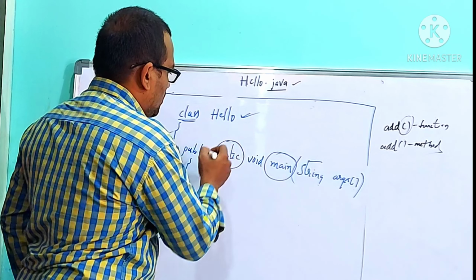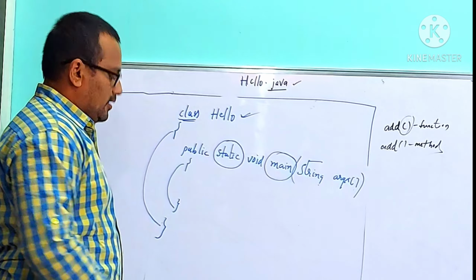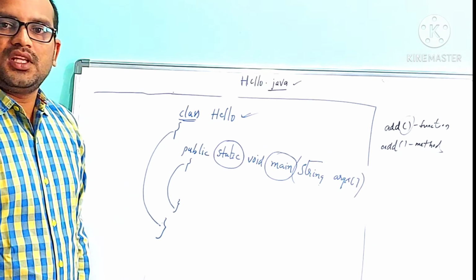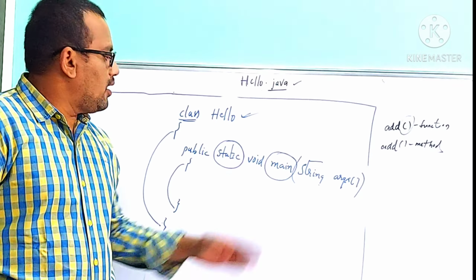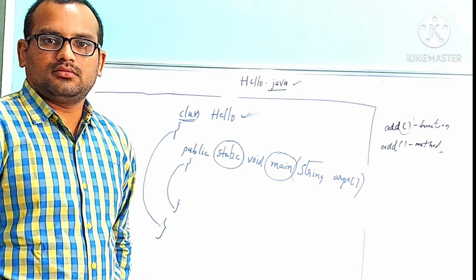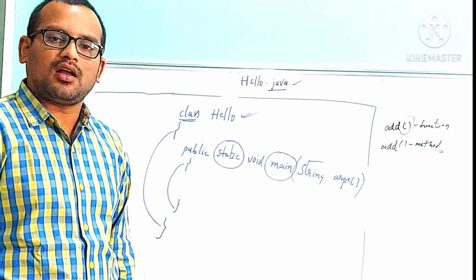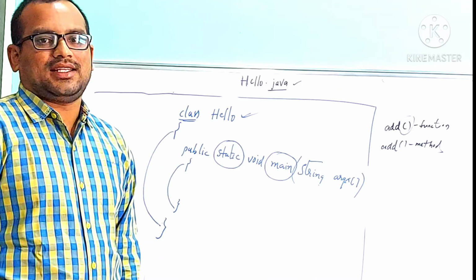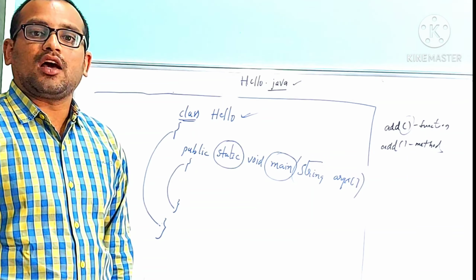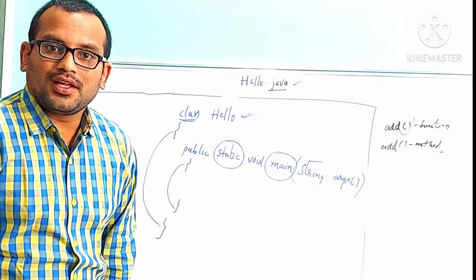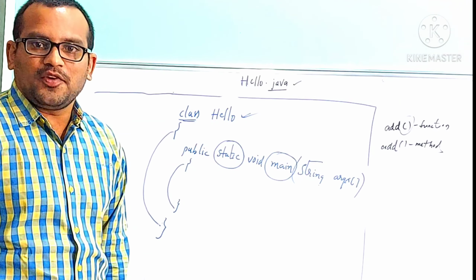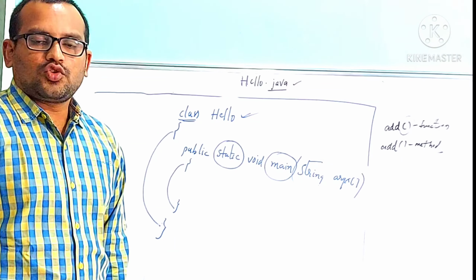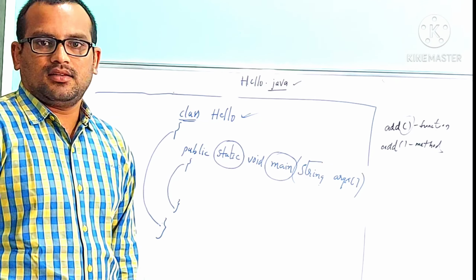Static. Why are we using static? If you want to access a method or variable inside a class, we need to create an object. In the future, we are going to discuss how to create an object.